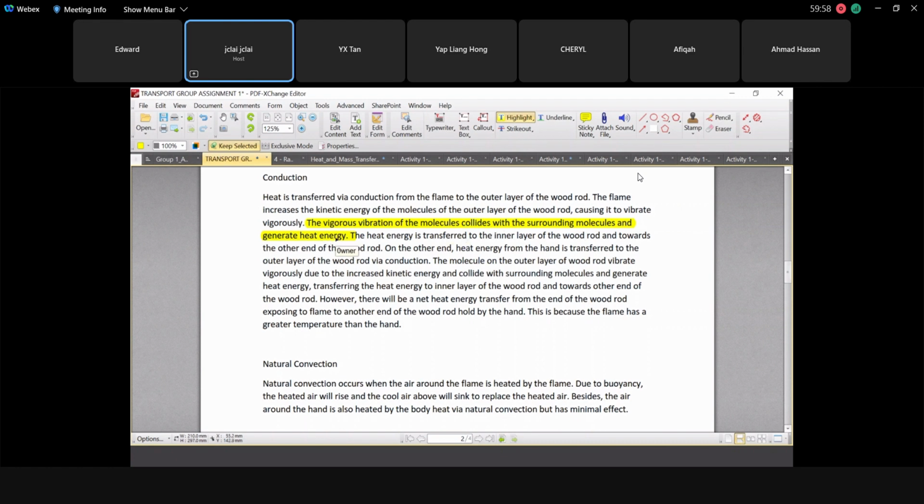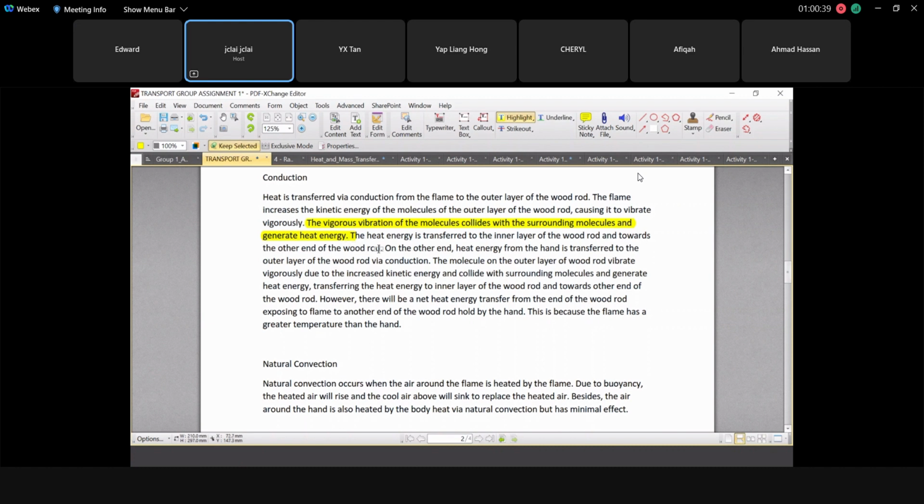What I understand is the collision transfers the energy from a molecule with higher energy to a molecule with lower energy. That is what happens, but I never came across the collision generating heat energy. You get my point? Yes, Doctor. Could you please check and verify this?